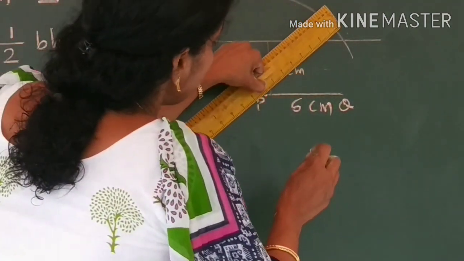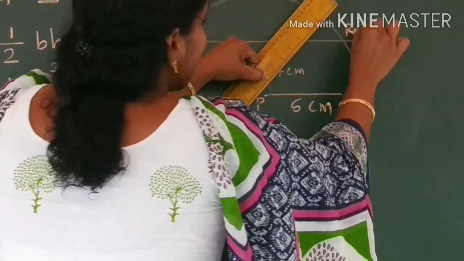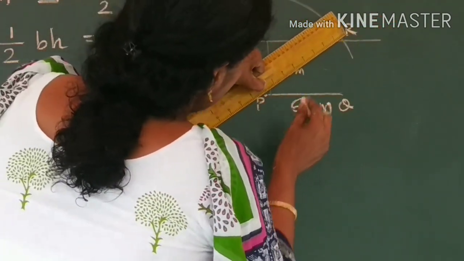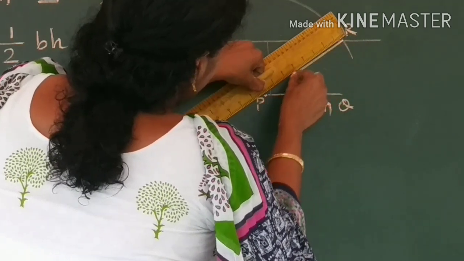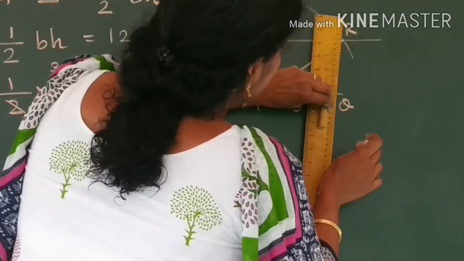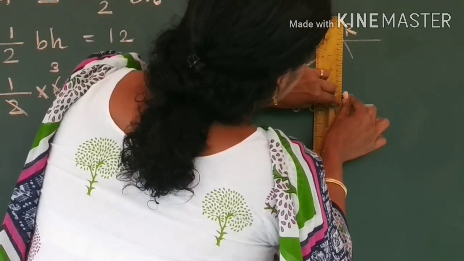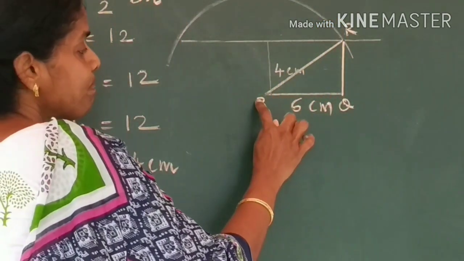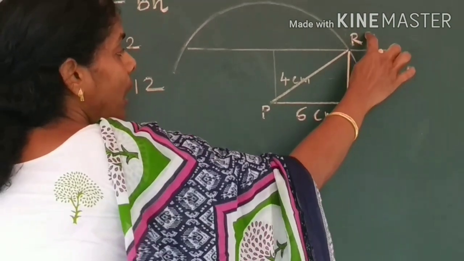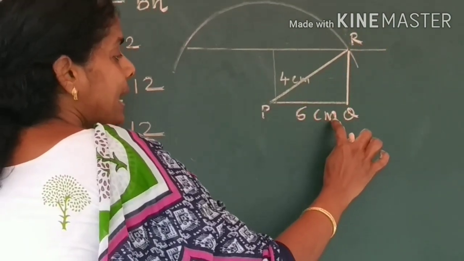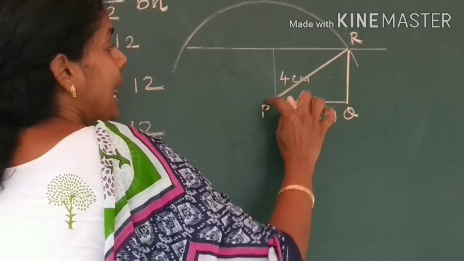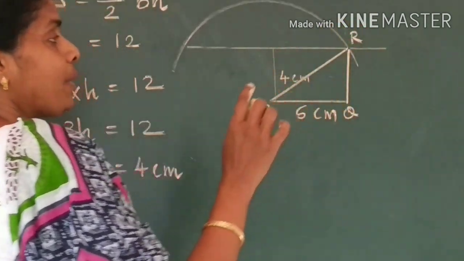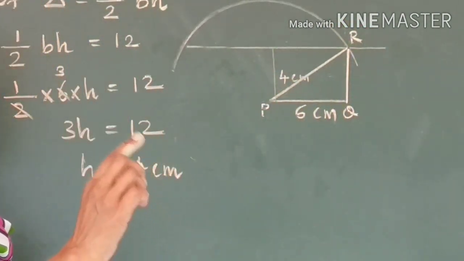So if you join, let me name this point as R, join P to R. So you got one triangle. One triangle is PQR, for which base is 6 centimeter and PR is equal to 8 centimeter.